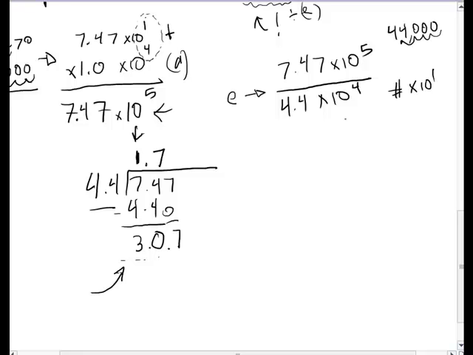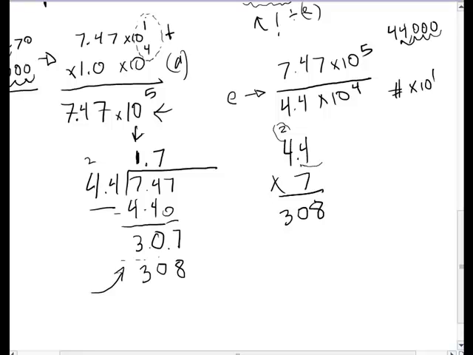All right, so then I'm going to put in a 7 here and see how that works. 7 times 4.4. I can do that. 7 times 4 is 28. Carry the 2. 7 times 4 is 28. Added to the 2 is 30. 4.4 times 7, if you want to see how I did that in my head. 7 times 4 is 28, plus the 2 I carried over from the 28 is 30.